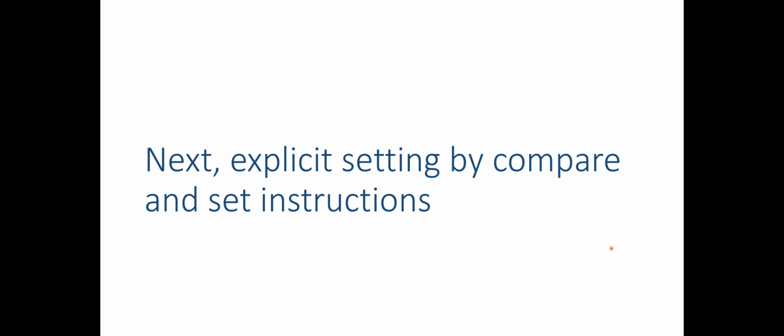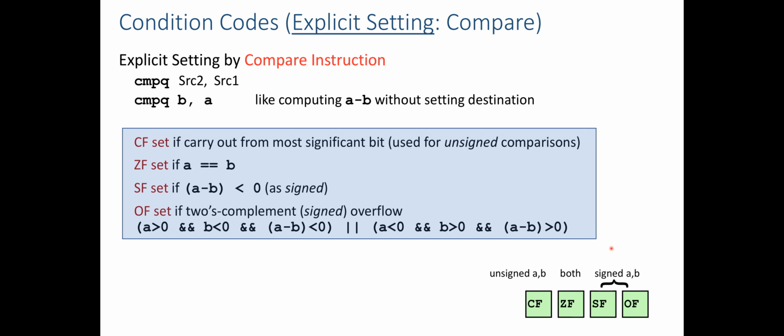So explicit setting of these condition codes is done by two different instructions: compare instructions followed by set instructions. Their explicit setting is also done by another one called test, which we'll see as well.